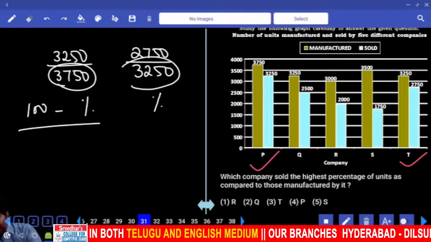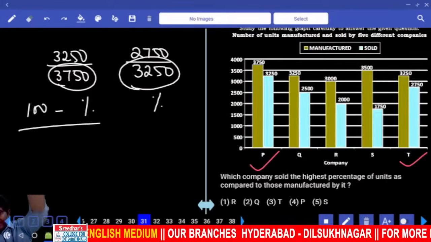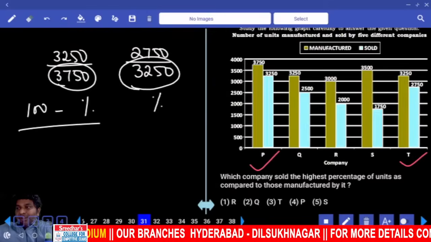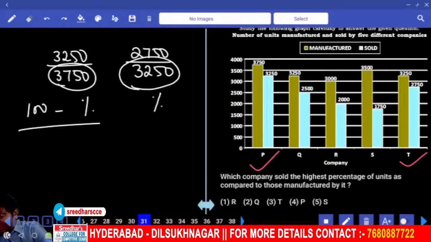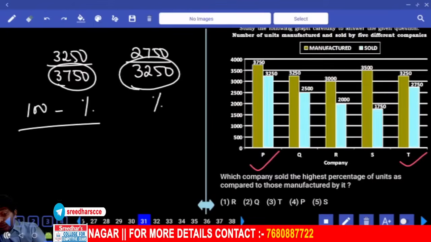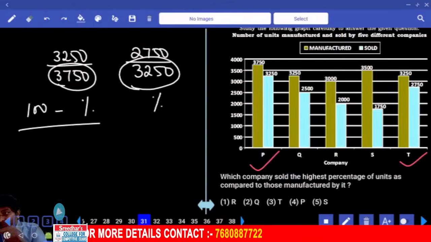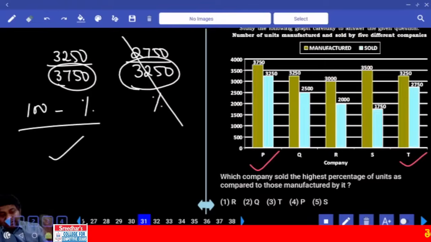With respect to 3250, 500 will be more percentage with respect to first denominator or the second denominator? With respect to second denominator, it will be highest, correct? Come on. So if you are subtracting highest number from 100%, will this be your answer? With respect to first number, it will be lesser. Am I right? So answer P is first answer.